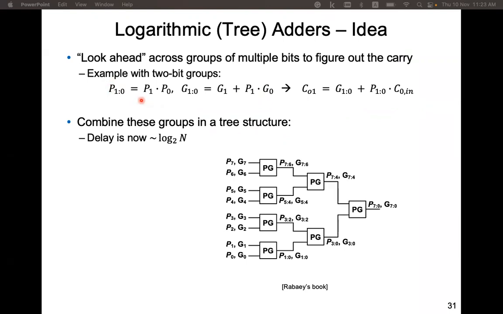Now let's consider an AB adder. We wanted to see how the last bit's carry output is generated. We can do it in this way in order to reduce the delay.